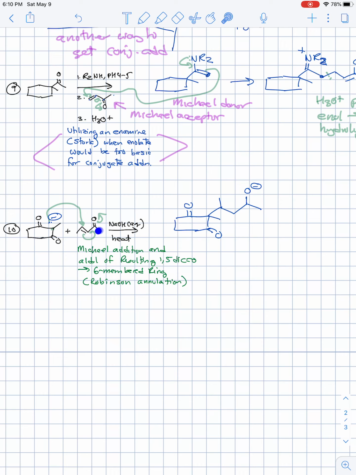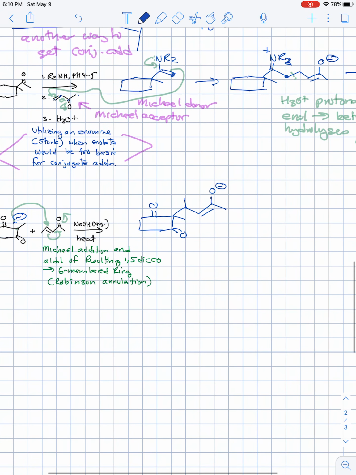We should have added 1, 2, 3, 4, 5. 1, 2, 3, 4, 5. We're good. Okay. And except we have that. Okay. And so we're going to protonate this thing. And that should give us our 1, 2, 3, 4, 5 dicarbonyl.